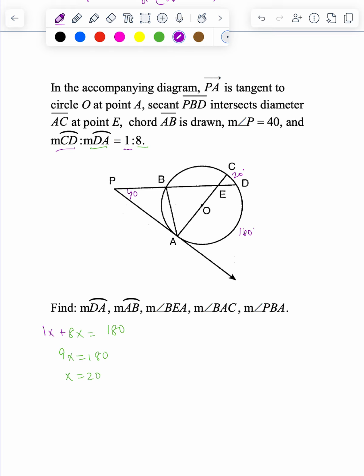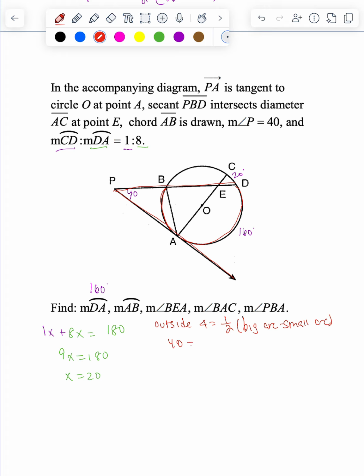First, it's asking us to find the measurement of arc DA, which we just did. It was 160 degrees. Now it's asking us to find the measurement of arc AB. Arc AB is within the rays of outside angle P. It's the small intercepted arc. And we just found that the larger intercepted arc is 160. So remember, the outside angle is half big arc minus small arc.